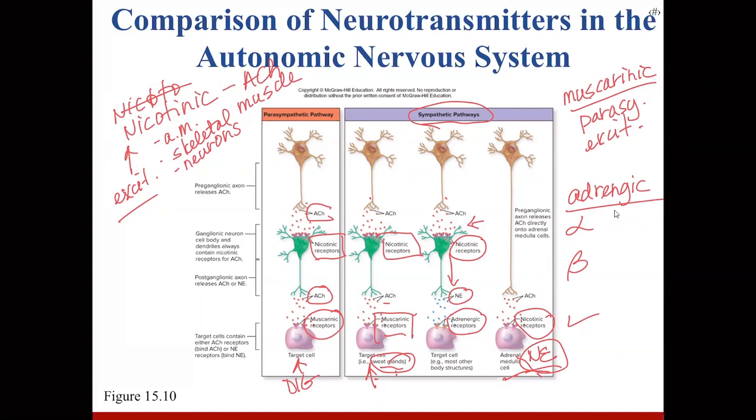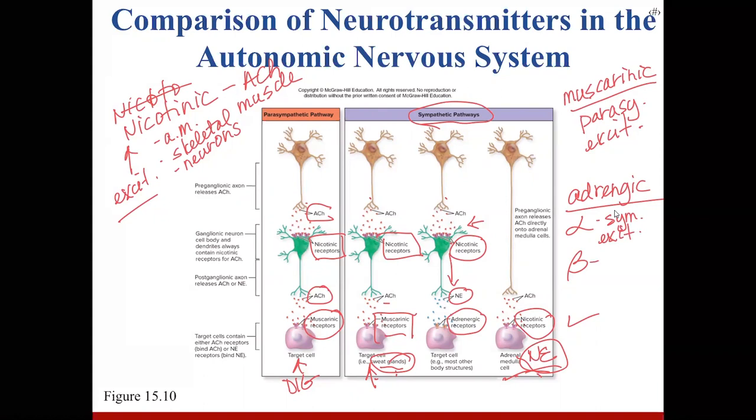I don't think you need to know all that. So let's say alpha receptors are in the sympathetic nervous system, and they're excitatory.